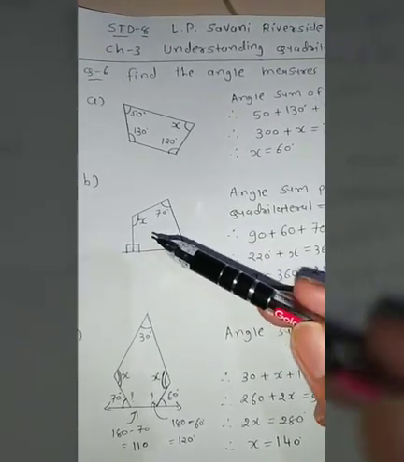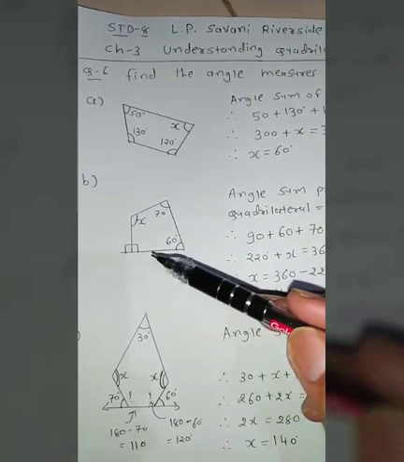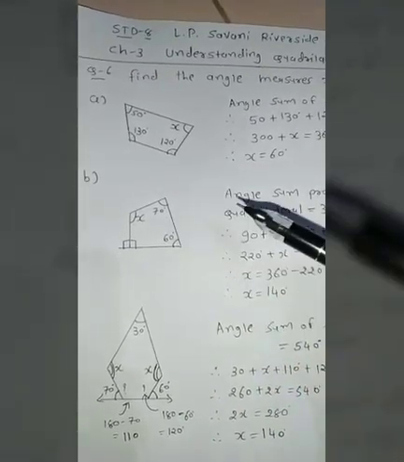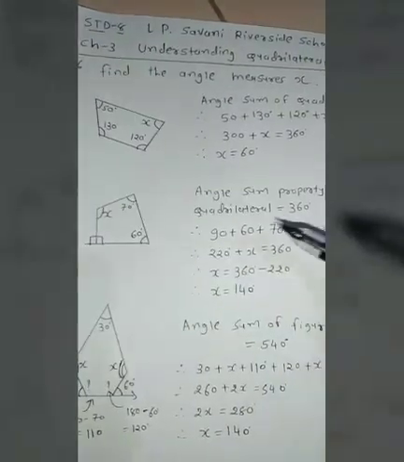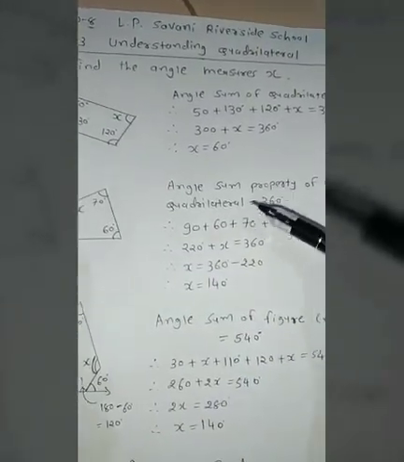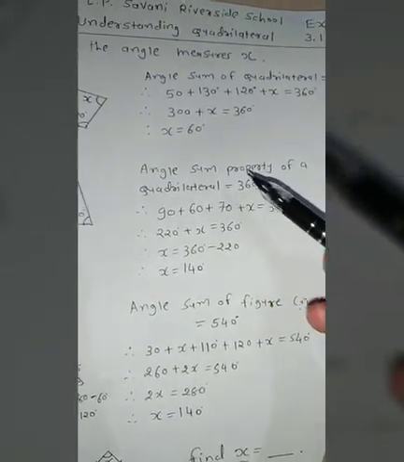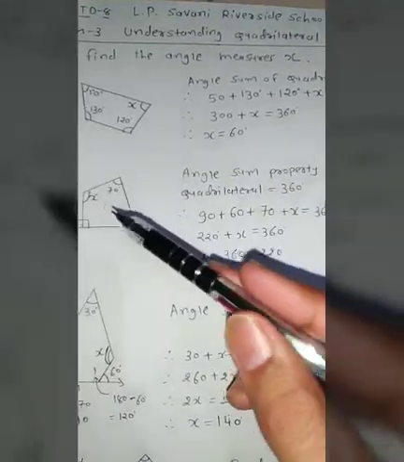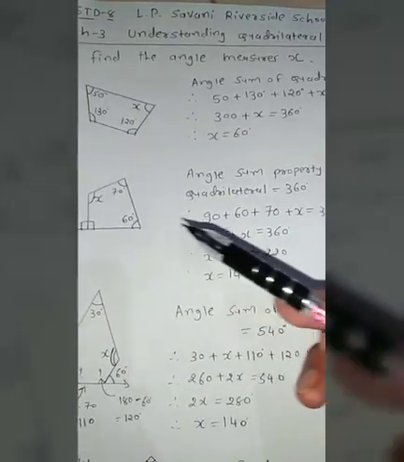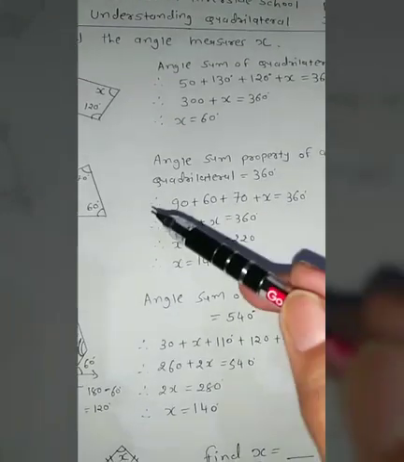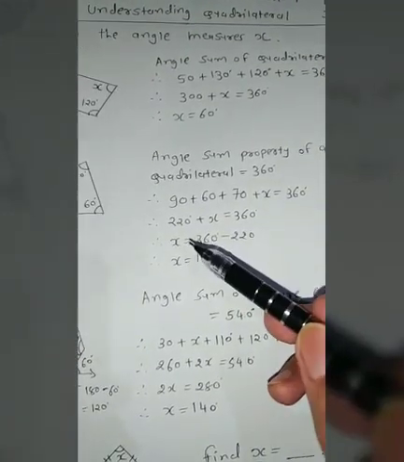Here 3 angles are given and another angle is a right angle. So x plus 90 plus 60 plus 70, this is the quadrilateral, is equal to 360. Now we compare the angle property with the summation. So 90 plus 60 plus 70 plus x is equal to 360.